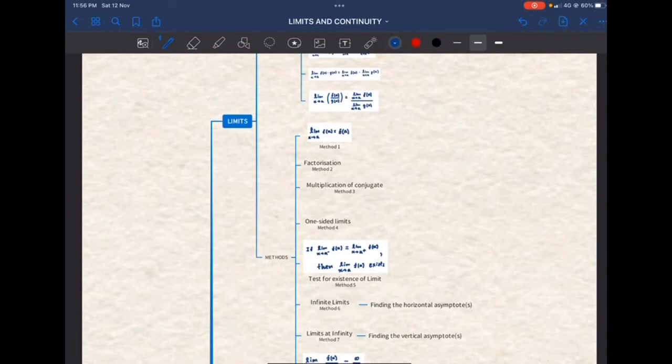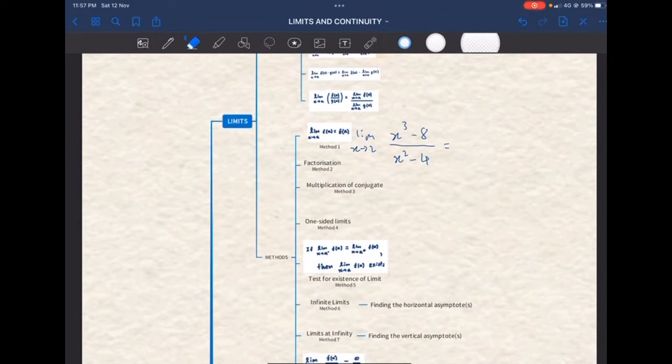So let's say we have (x cubed minus 8) over (x squared minus 4). When the limit of x approaches 2, if we directly sub in 2 into x, we will get an undefined value which is 0 over 0. So we do not want this.